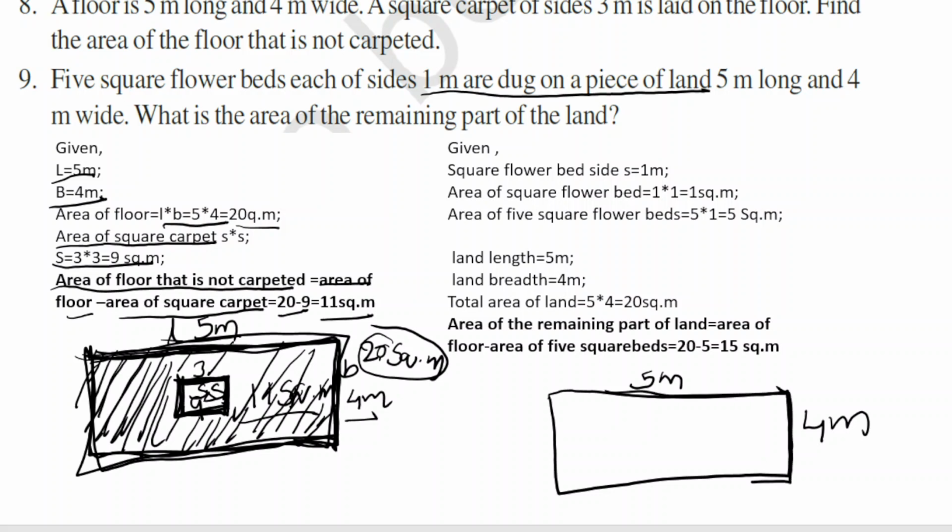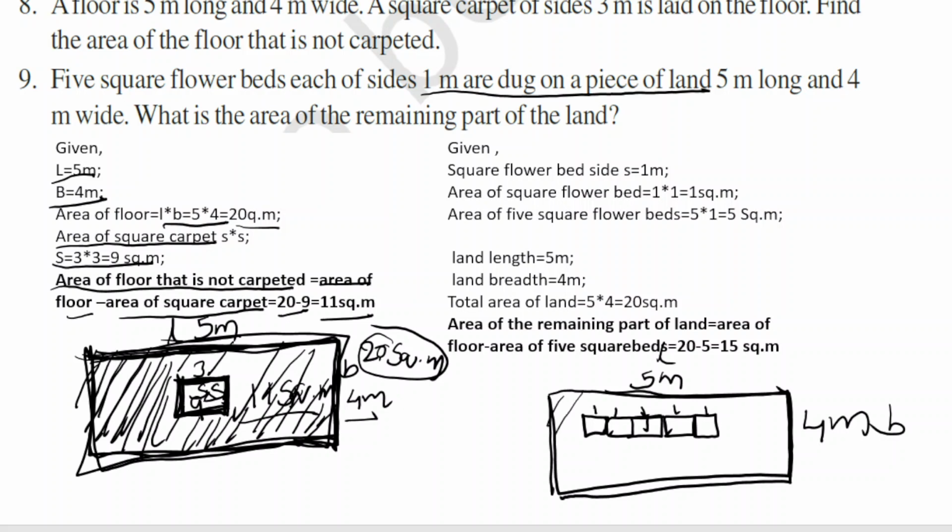This land is 5 meters long and 4 meters wide, and 5 square beds each having 1 meter as its side are dug on the piece of land. These are the 5 square beds, each one having 1 meter as its side. So what is the area of the remaining part of the land?